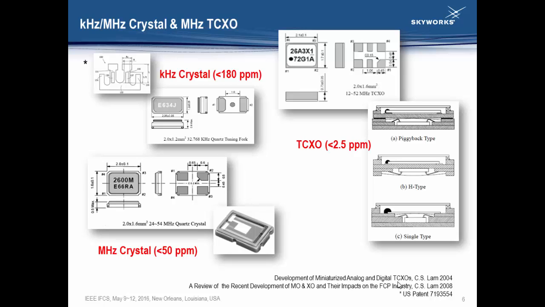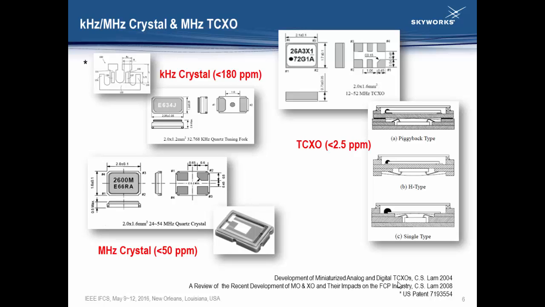And you can see that this is a tuning fork. This is not the traditional tuning fork anymore. You can see the arm is being bent around, okay, to reduce the size. Okay, it's still a tuning fork, but the shape is different from what you saw before. And usually about 100 ppm over the temperature range of operation. And down here is a megahertz crystal. You can see that this one is a 2 by 1.6. And you can see that it's also very small.